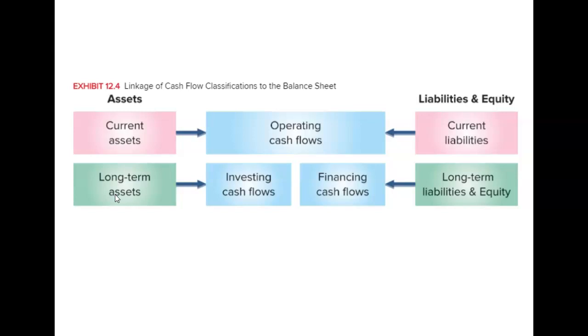If it's a non-cash transaction or a transaction that's not fully in cash, we only use the cash portion. If it's a non-cash transaction, it doesn't get reported at all. So let's look at our balance sheet and see what's going on.